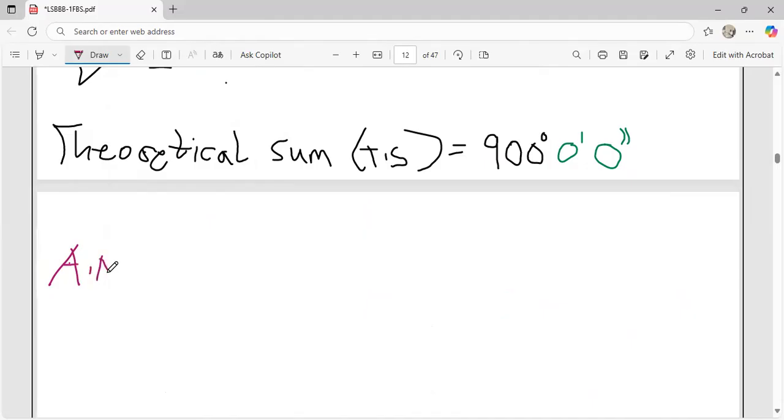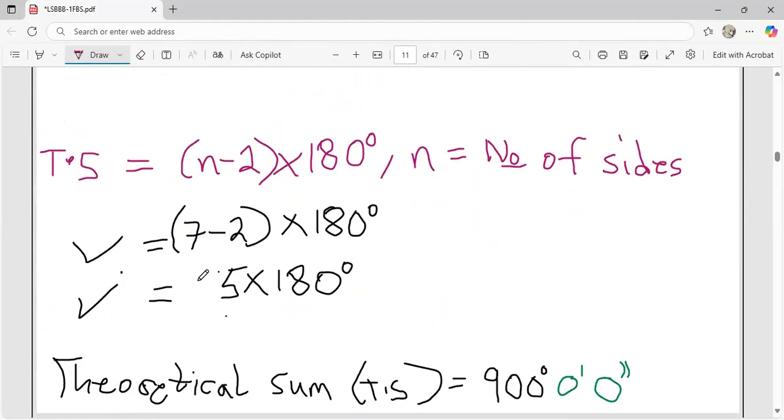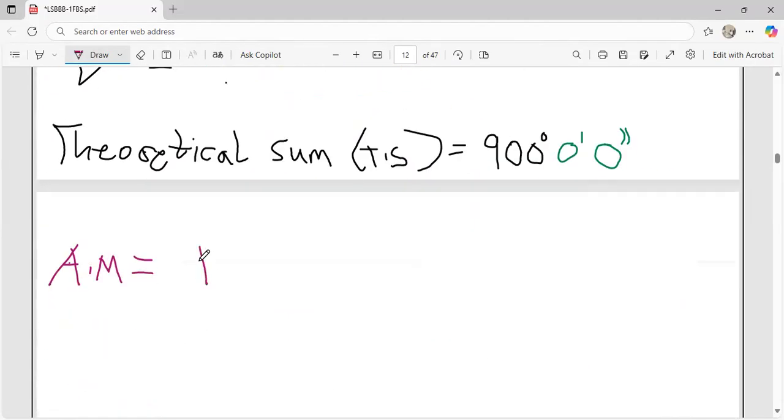The angular misclosure is equal to the theoretical sum minus the measured sum.